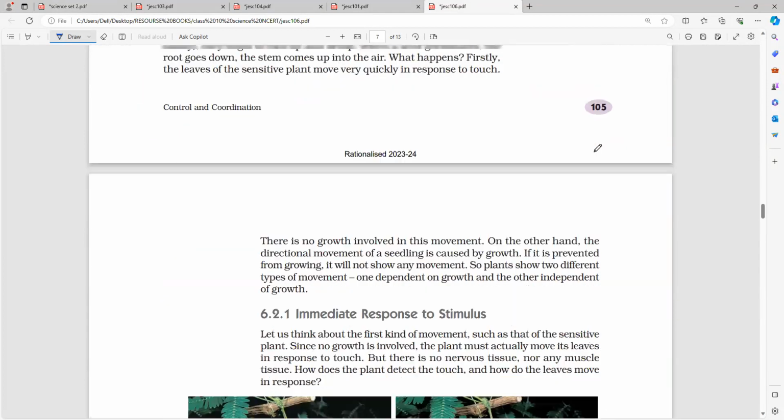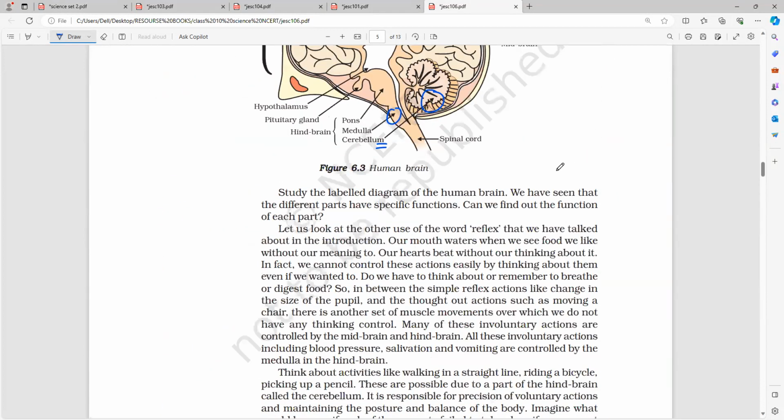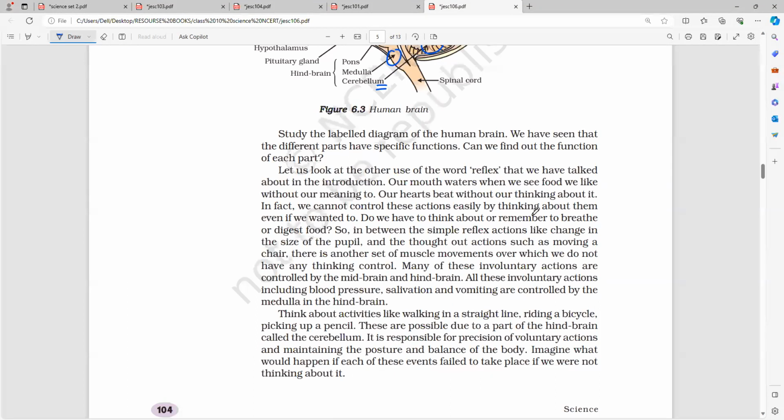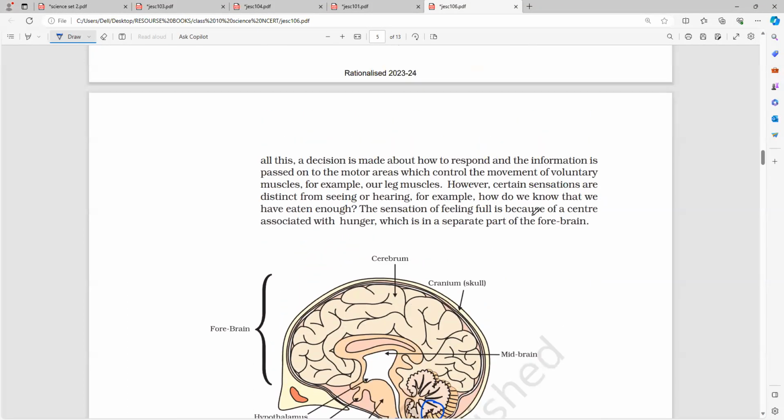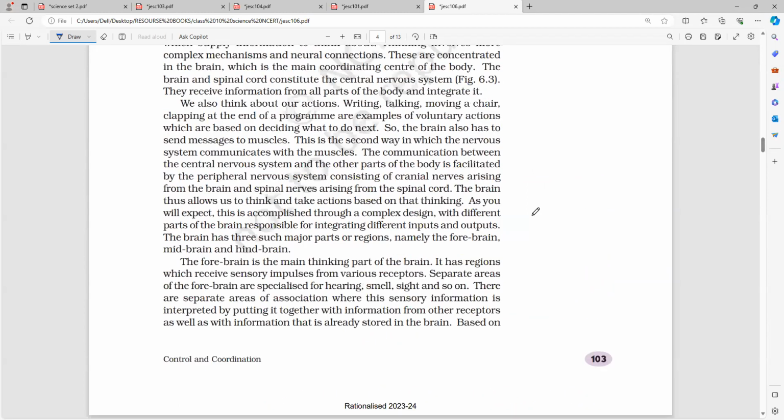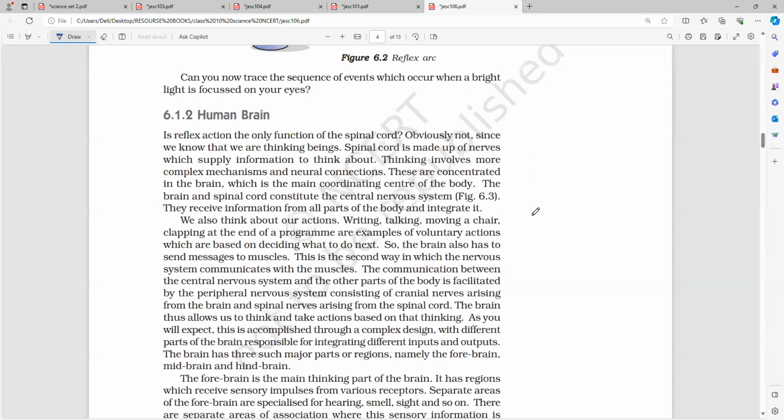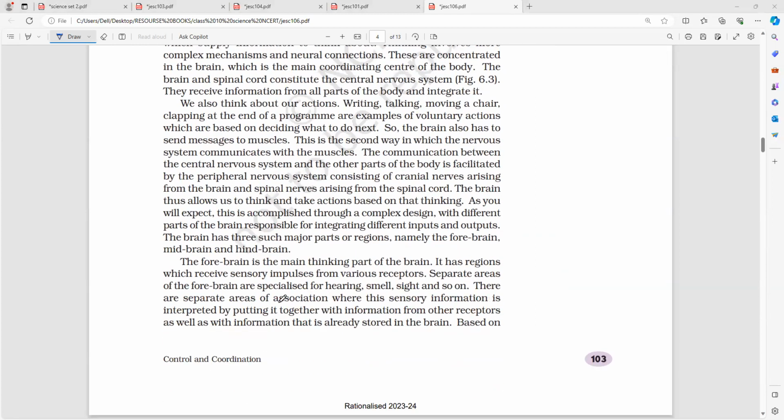Thinking and reasoning. Check the book. Third paragraph: the forebrain is the main thinking part of our brain, the region which receives sensory impulses.